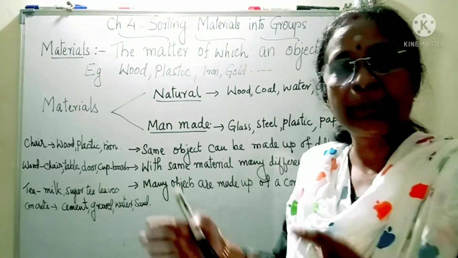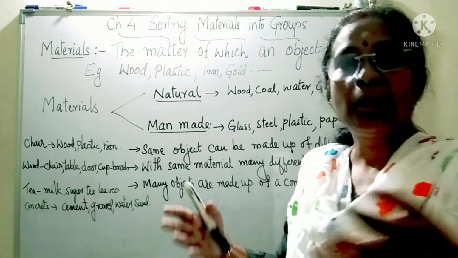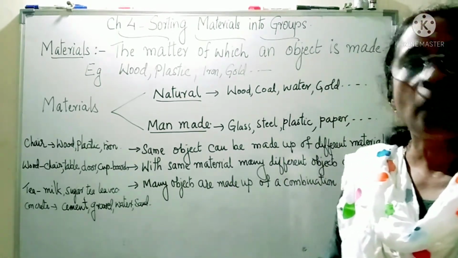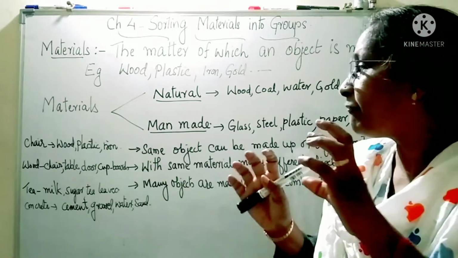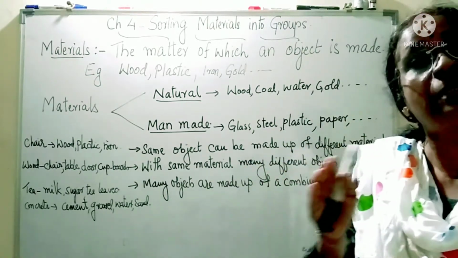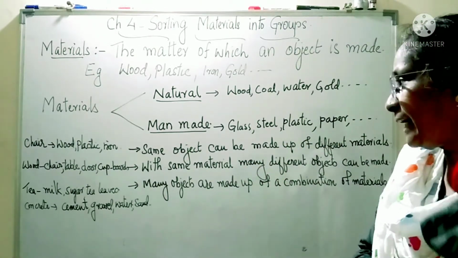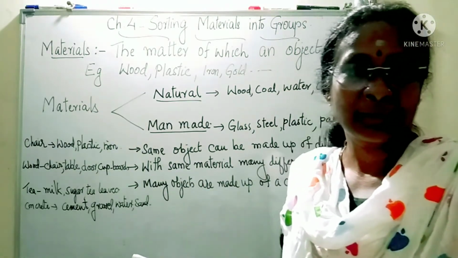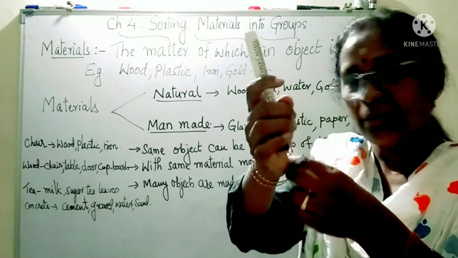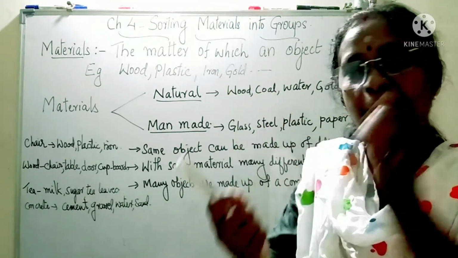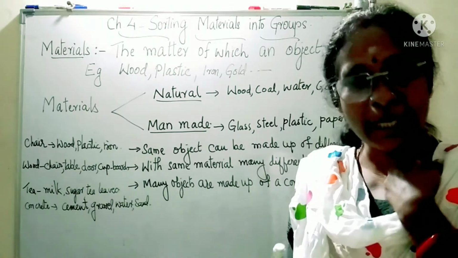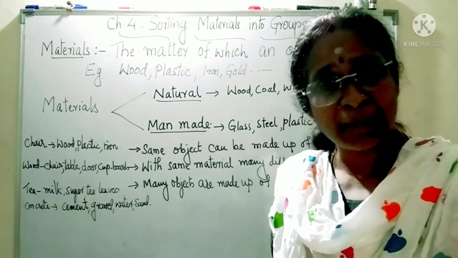If you see tables, there may be plastic tables, wooden tables, iron tables. So all these are materials. Different materials are used to make the same object. Second thing, with the same material you can make different objects. Again, with gold, bangles are made, rings are made, ear studs are made, chains are made, so many other things are made.